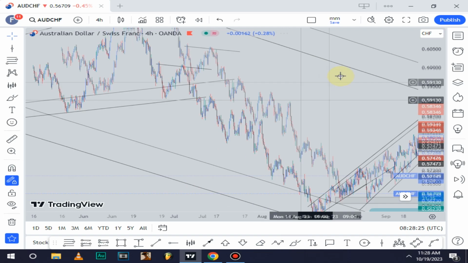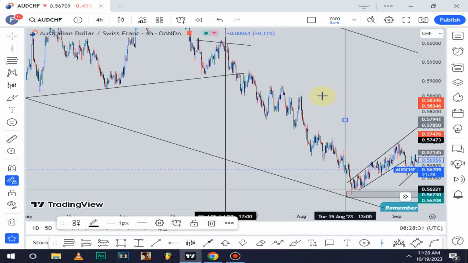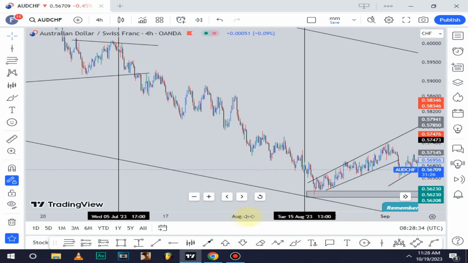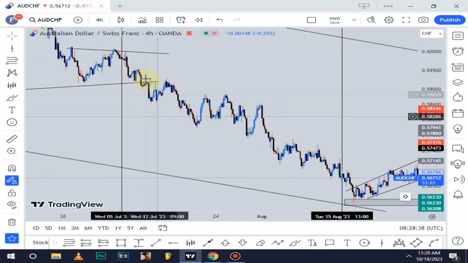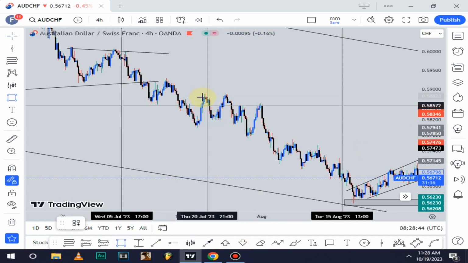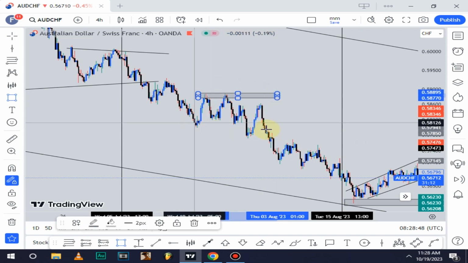Now, we talk about from this zone to this zone. Let's try and understand what was happening. We can see that the market went up, pushed down, went up, pushed down, went up. Then look at that, we have our resistance there, our support.